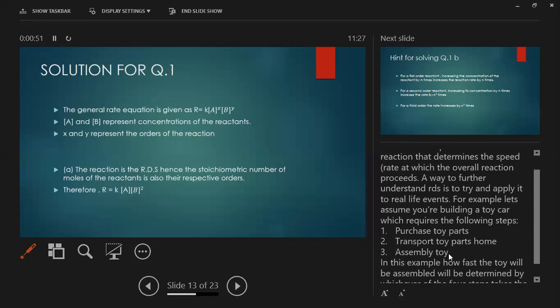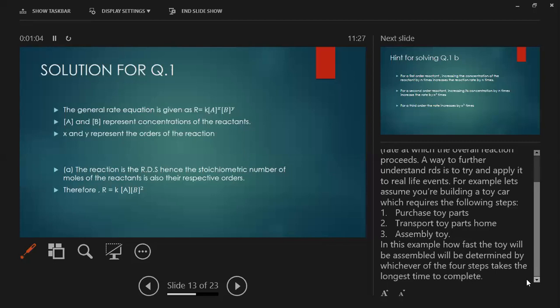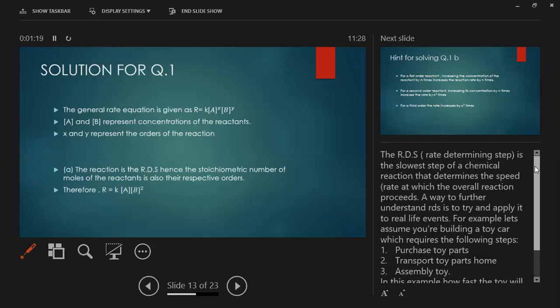Then the third step, you have to assemble the toy. In this example, how fast the toy will be assembled will be determined by which of the steps takes the longest time to complete, because that will determine how fast the whole process will go. So it means the RDS, or the rate determining step, is the slowest step of a chemical reaction.